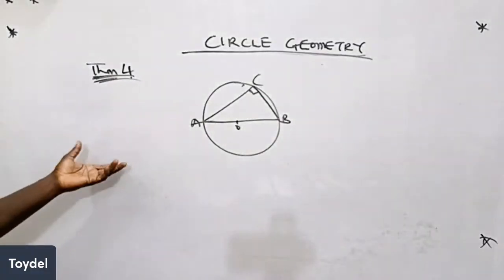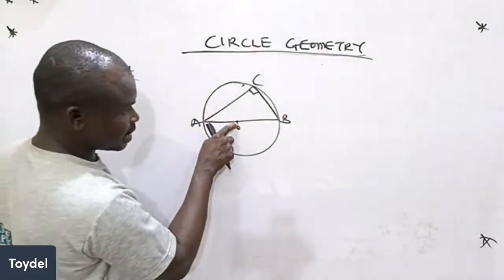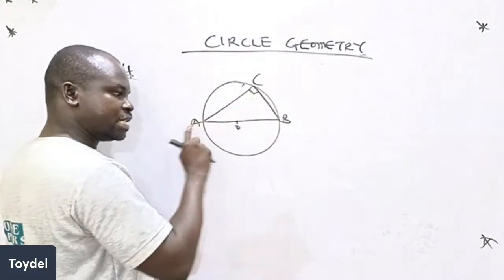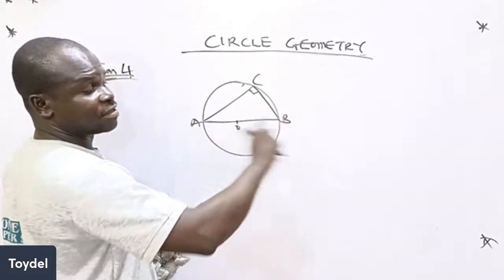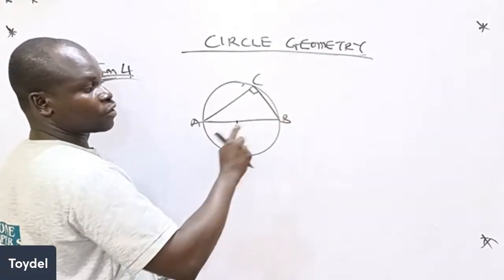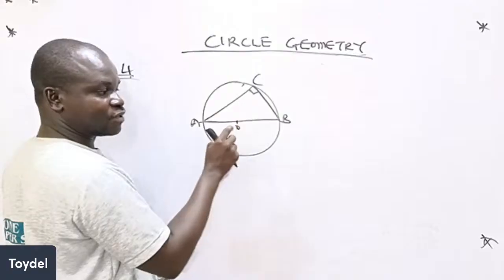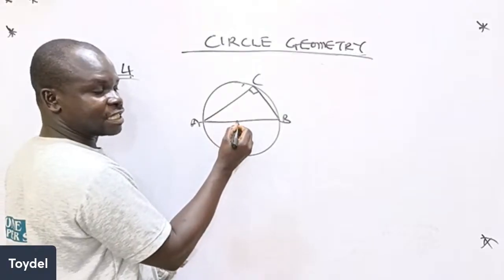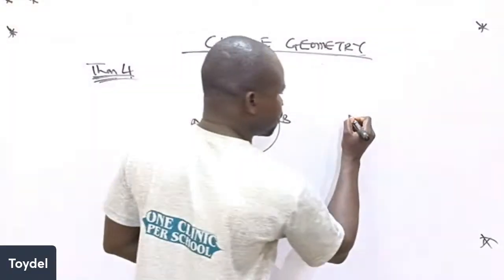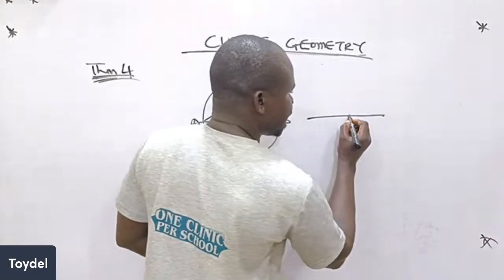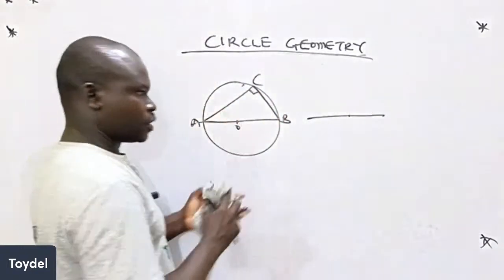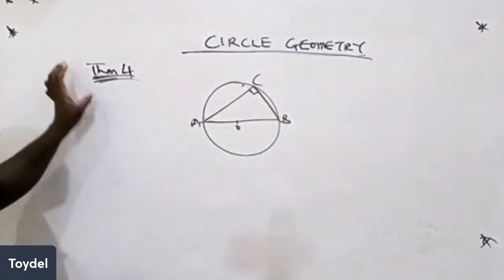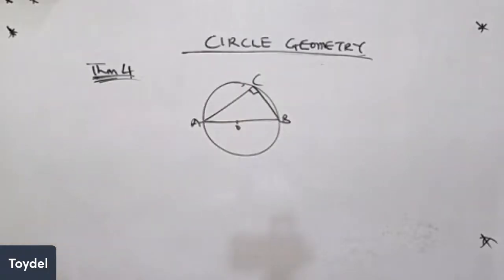It's just the same assertion that angle at the center is twice angle at the circumference. In this case, the center is on the diameter, so the angle on the straight line at the center is 180. Angle at a point is 360. So if you have a point and a line drawn through the point, that line will divide the point into two. So the fourth theorem says that angle in a semicircle is a right angle, that is 90 degrees.